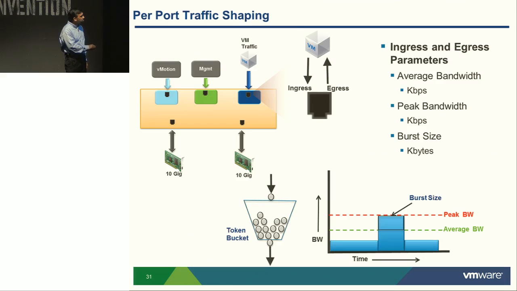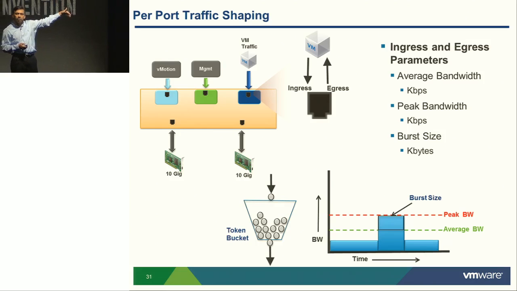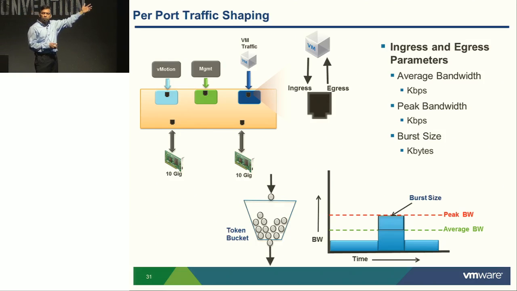What happens in that case is that some tokens get accumulated, because you are not utilizing all the resources which you reserved. But then you have the capability to do a burst of traffic here. Typically, IP traffic is bursty, and that's why this particular algorithm makes sense here. So this is what you can do at the port level if you want to go to that granularity and do traffic management at the port level.